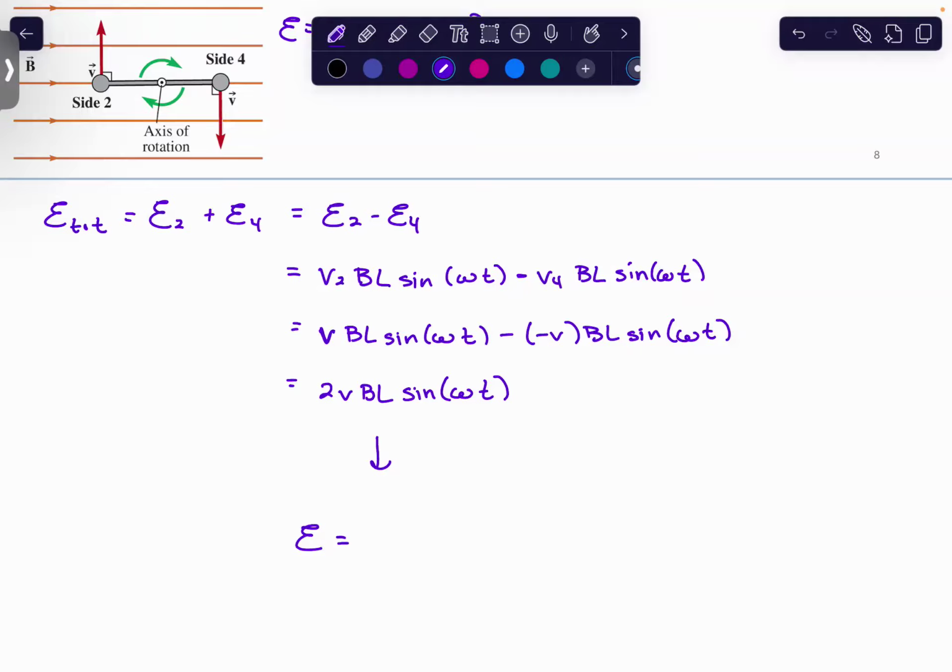Tell me this, you should know this also: linear velocity in terms of angular velocity and radius is what?